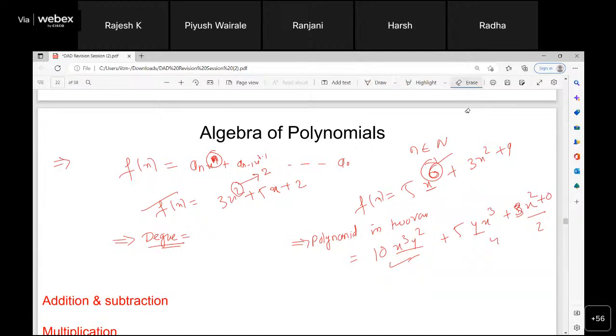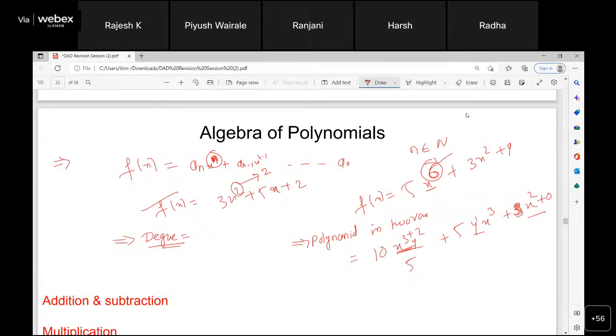Yeah. So if there are two variables, say x and y, and we have written the polynomial like this, 10x cube into y square plus 5 into y into x cube plus 3x square plus 0. The degree of this expression: you have to take the summation of the exponents in each term and say which one is the highest. So the highest exponent will be my degree. Here in this case 3 plus 2, that is 5.